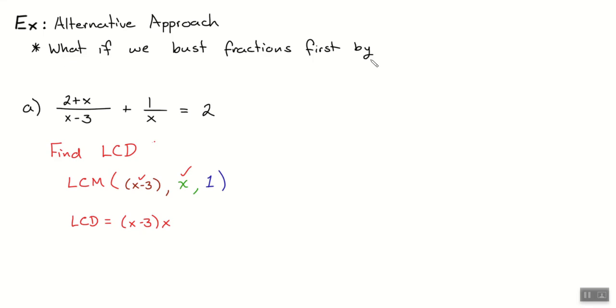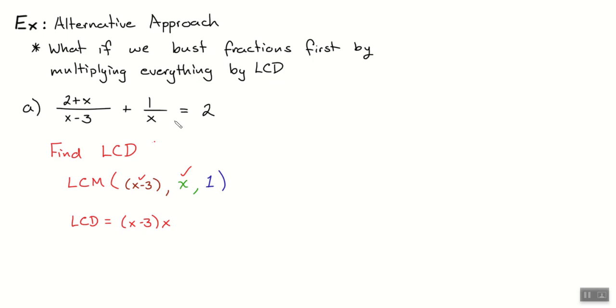I'm just going to give us a statement and we're going to use it. What if we bust these fractions first by multiplying every single piece by the LCD? Now, we still have to find it. The only thing that's changing is that now instead of making every single piece have x times x minus 3 in the denominator, let's just see what shakes out.